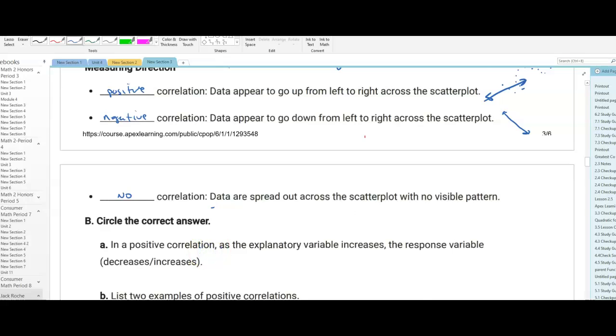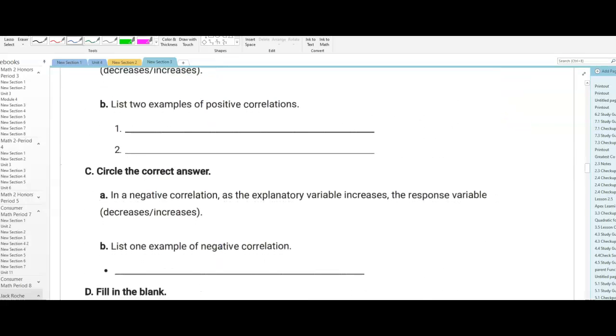right? So now, if we look at here, it says list 2 examples of positive correlations. One that people would use is the years of education and say your income, right? The more years, the more you make.